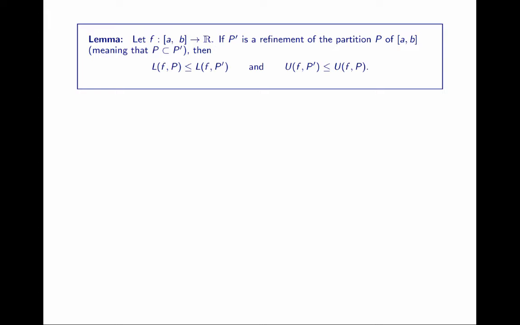Let's consider the most unrefined of partitions, where n is equal to 1. In other words, where x0 is a, x1 is b. Let's consider the upper sum. In that case, the upper sum is just the area of a single rectangle whose width is b minus a and whose height is the maximum or the supremum of the function.